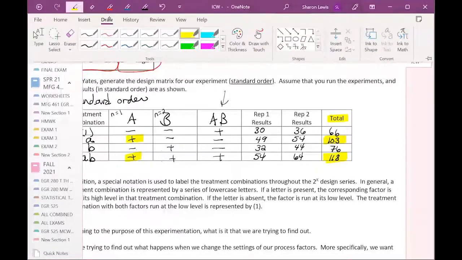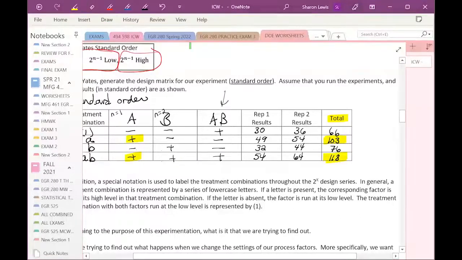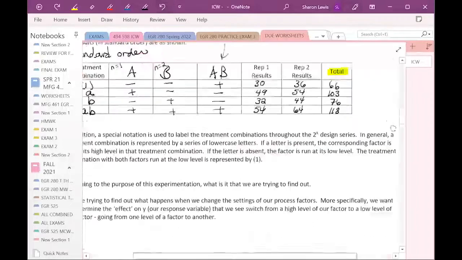Let me get a different color for low. So here's A low, and here's A low. I'm going to take the average when it was high minus the average when it was low. I'm going to undo those so I can show you the other ones, but those are the numbers that we're going to choose.